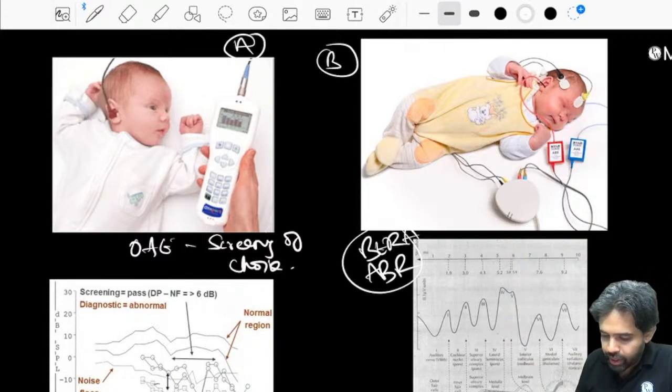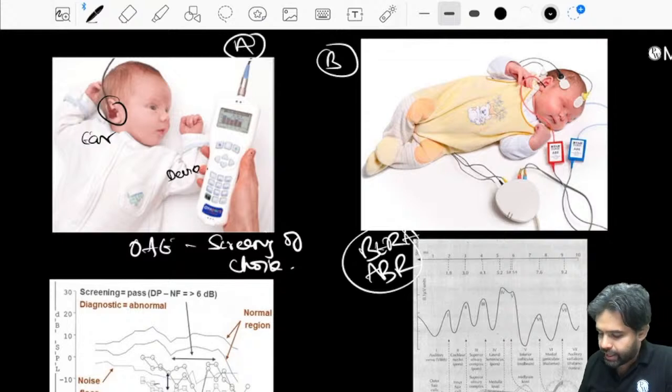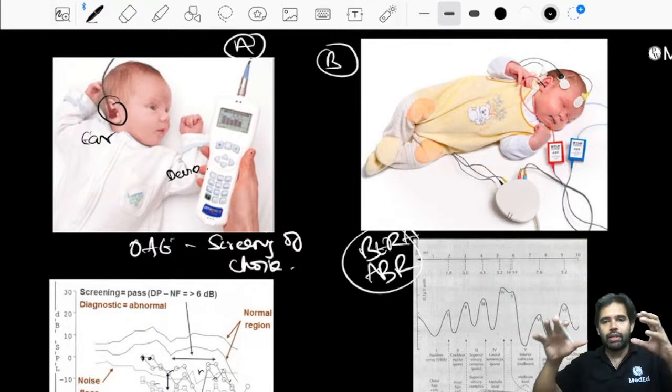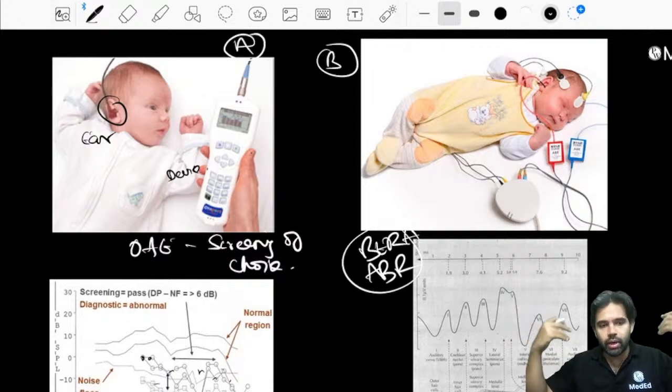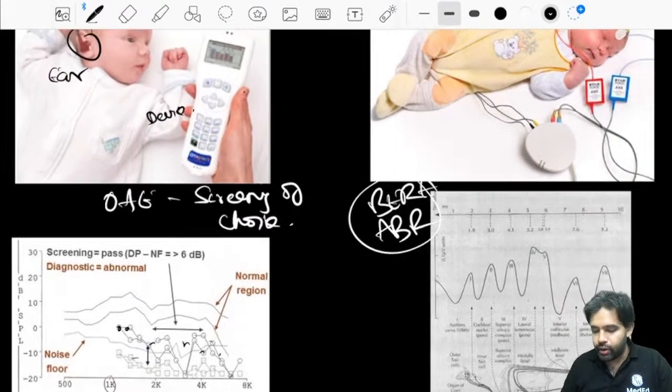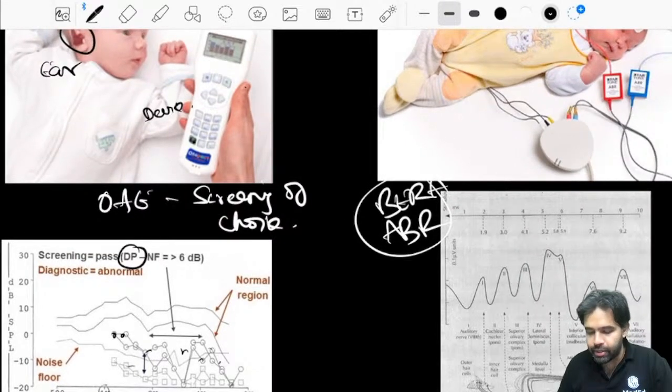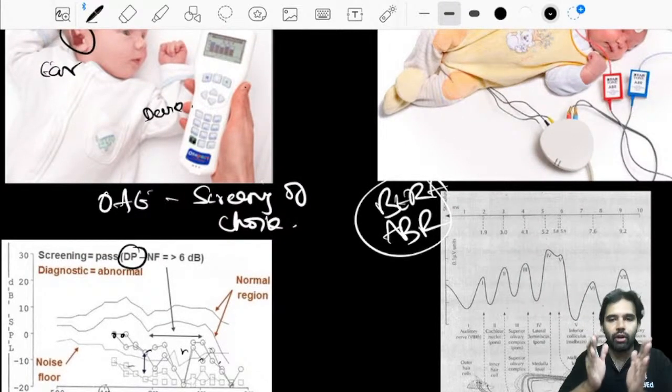There is just one probe going inside the ear and one small handheld device. That's it. In its graph you will see just dots, because it is basically showing that when you gave one tone, whether you are getting a tone back from there or not. So this is how the graph will look. And here you can see DP, which means distortion product, meaning more than one tone is given.